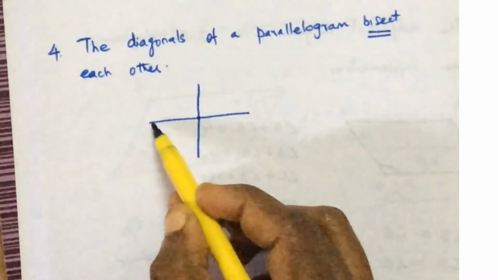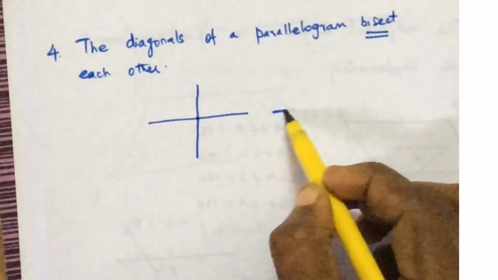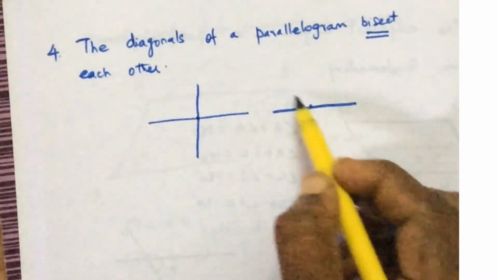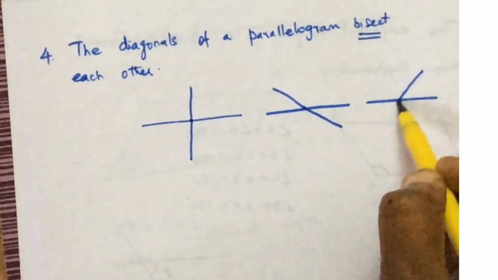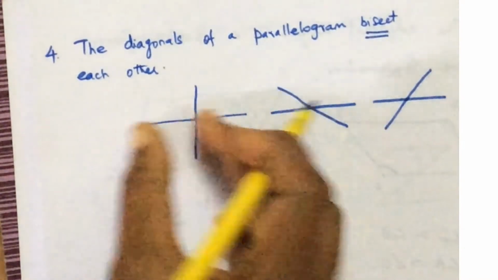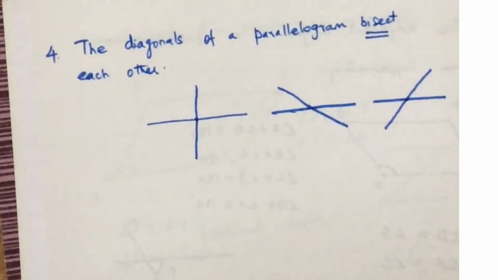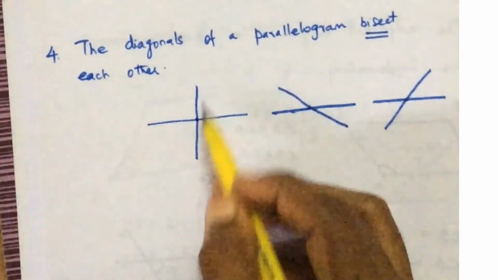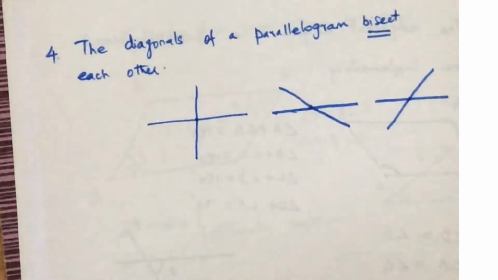This is bisecting this line. This line need not be straight, need not go like this. It can go at any angle like this. This is called bisecting, which means this part is equal to this part and this part is equal to this part. If you cut the line into two equal pieces, then it is called bisecting the line.